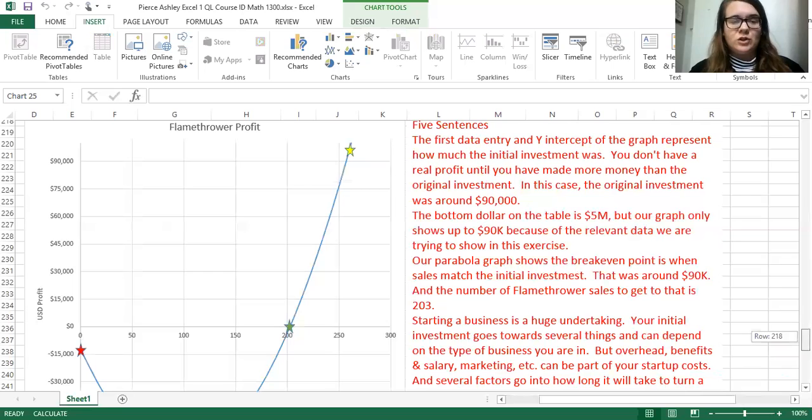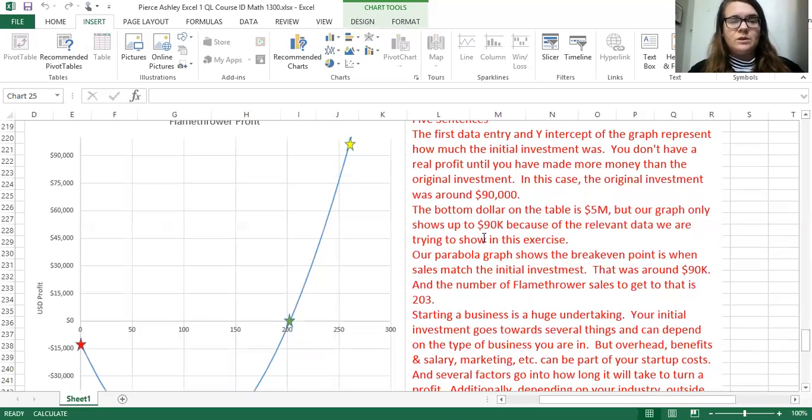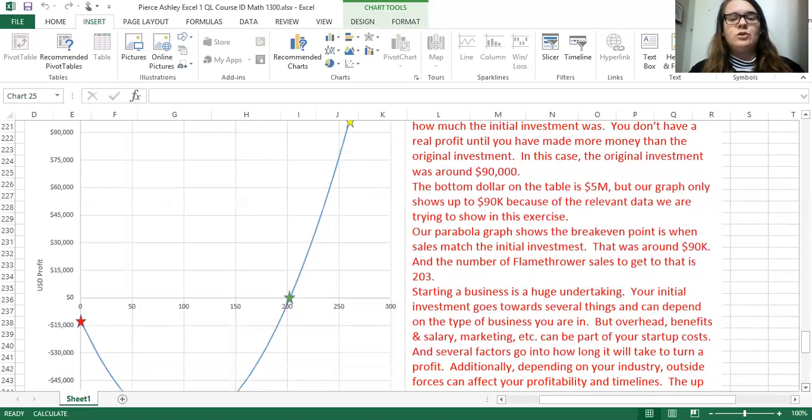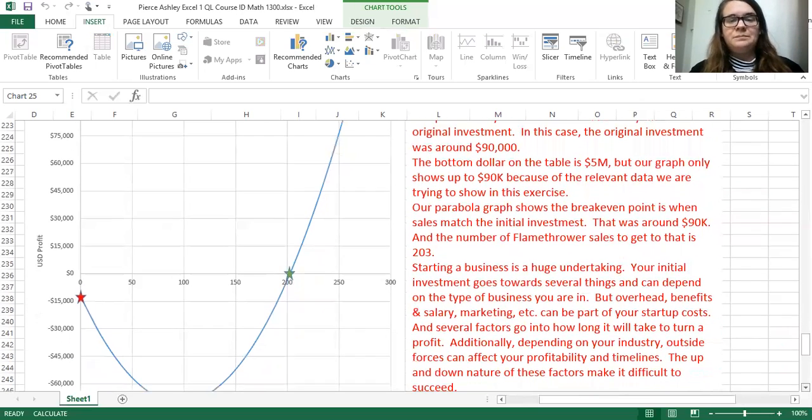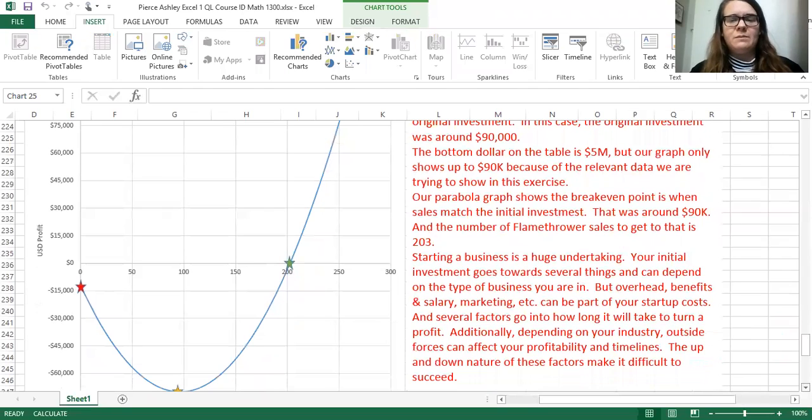In this case, the original investment was around $90,000. The bottom number on the table is 5 million, but our graph only shows up to 90K because of the relevant data we're trying to show in this exercise. Our graph shows the break-even point is when the sales match the initial investment. That was around 90K, and the number of flamethrower sales to get to that is 203.